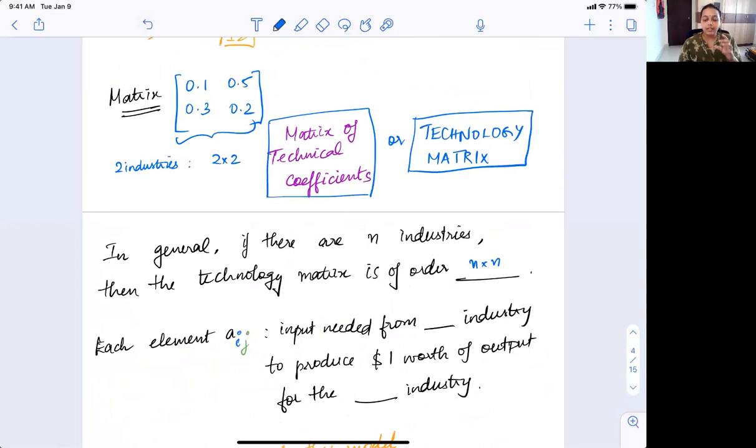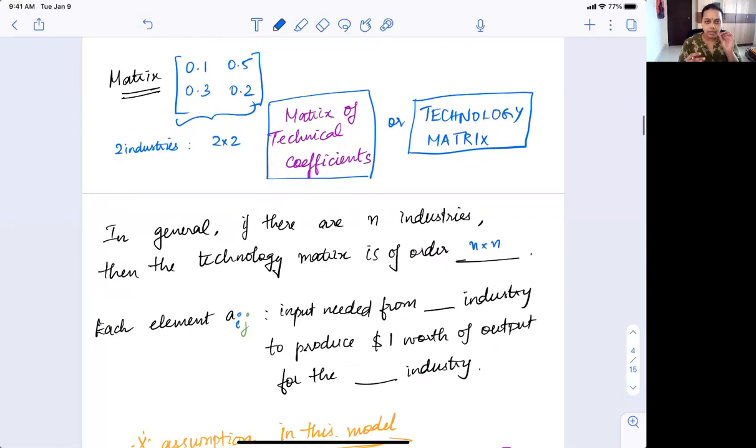Each industry is going to bring in inputs from its own production, and it's going to get inputs from all the other industries that are there. So because there are only 2 industries, each industry will have inputs from itself and the other one. So there are 2 by 2, 4 entries in the technology matrix. When you have n industries, the order of the matrix becomes n by n.